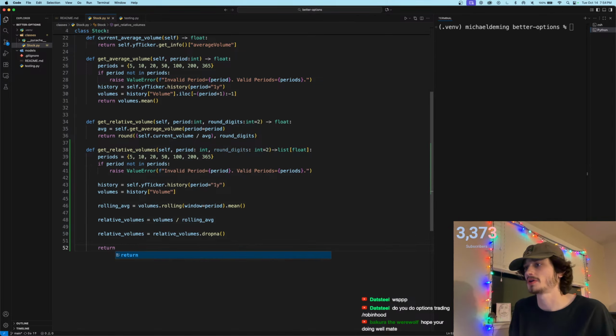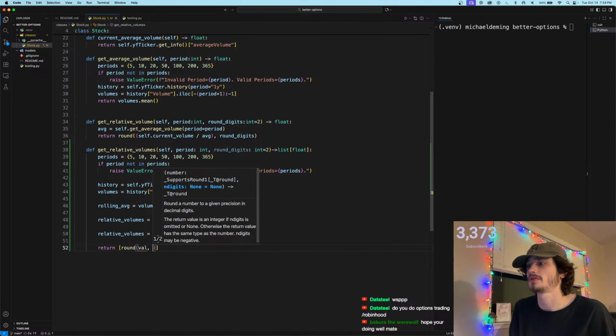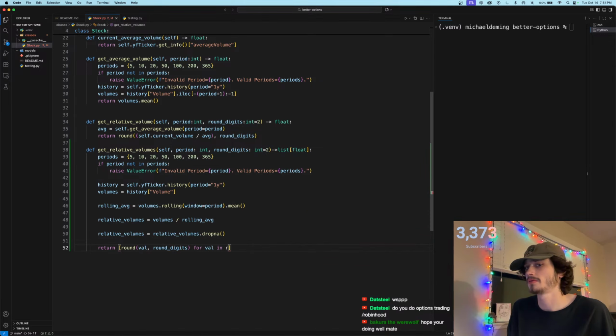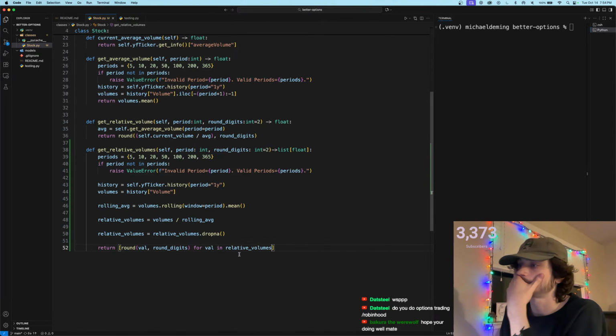Then you're going to return a list of round(val, round_digits) for val in relative volumes.